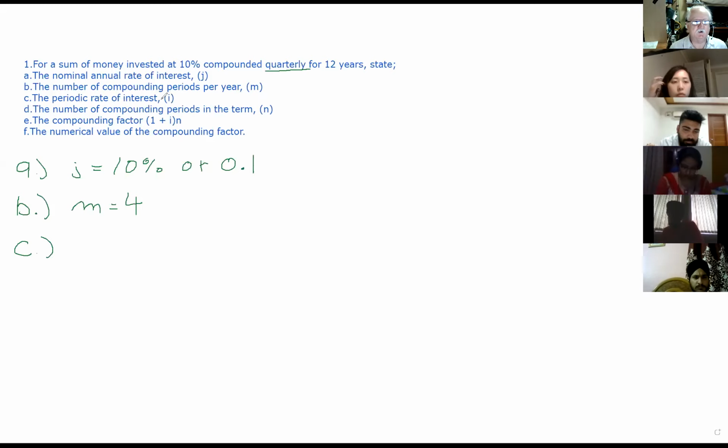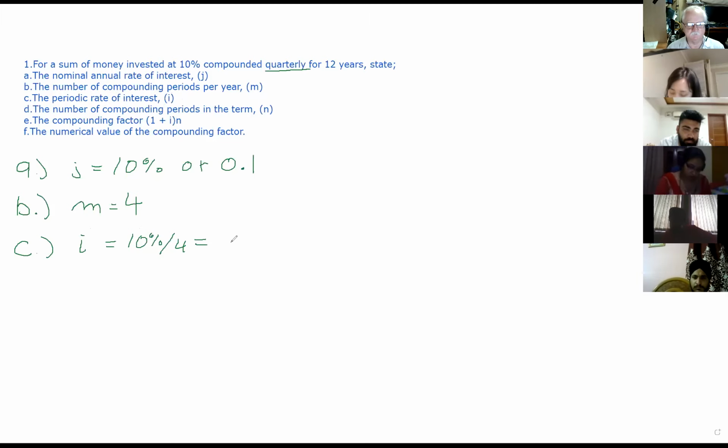The periodic rate of interest, what they're asking us here is, what's the rate of interest per compounding period? So this is where this letter I comes in, and this is going to be 10% divided by 4. And this is going to be a decimal. So 10% divided by 4.